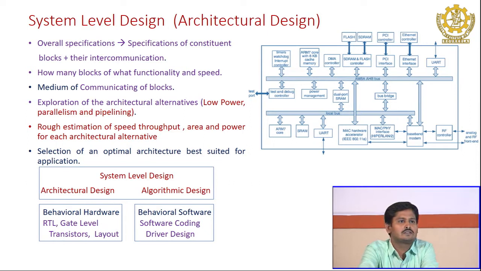Like if I say microprocessor data path. This is a simple example to understand because we have been using microprocessors since our BTech classes. In a microprocessor you will have an ALU, a register, and you may have a shifter. Now you have to decide at the architectural level that if I am designing a microprocessor, it will have a data path and a control unit.